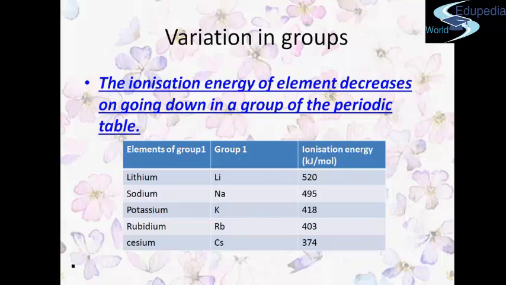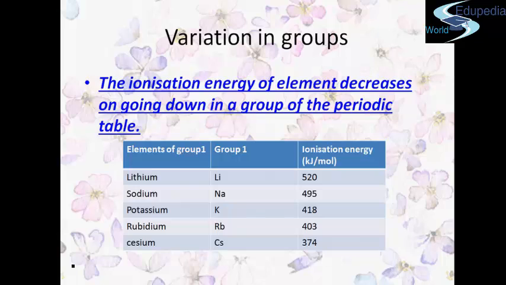Now if we look at this periodic table carefully, we'll find that the ionization energy of group 1 elements decreases gradually on going down the group, from 520 kilojoules per mole in lithium to 374 kilojoules per mole in cesium.